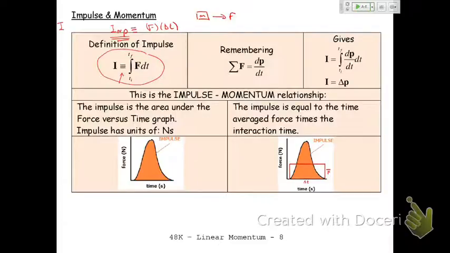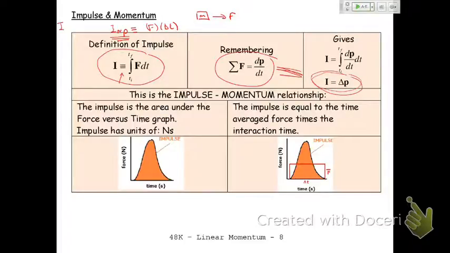Well, that gives me my impulse is equal to my change in momentum. So that's where that comes from. So that's where this second expression comes from. Again, it's similar enough to the first expression that we did just a few minutes ago. These two are similar enough that you've got to compare and contrast them. I see people get them backwards all the time.